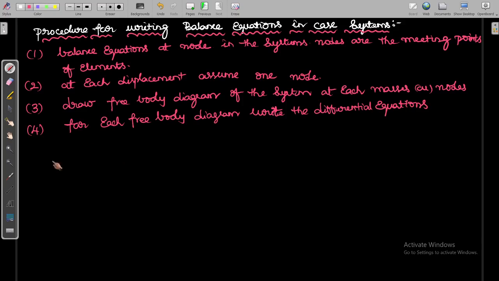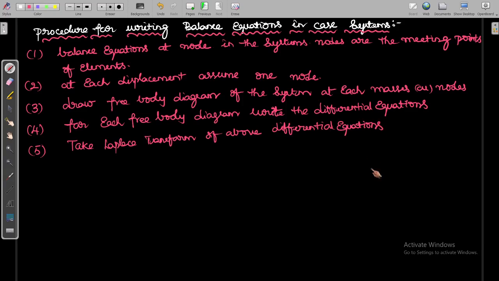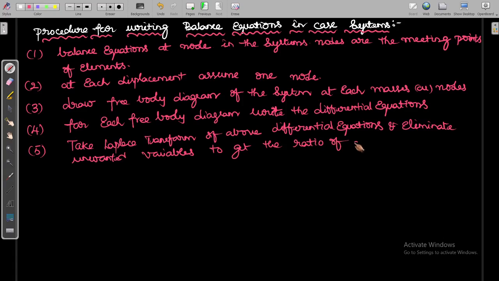Next step, after writing the differential equations, take the Laplace transform of the above differential equations and eliminate the unwanted variables to get the ratio of output to input for the system.